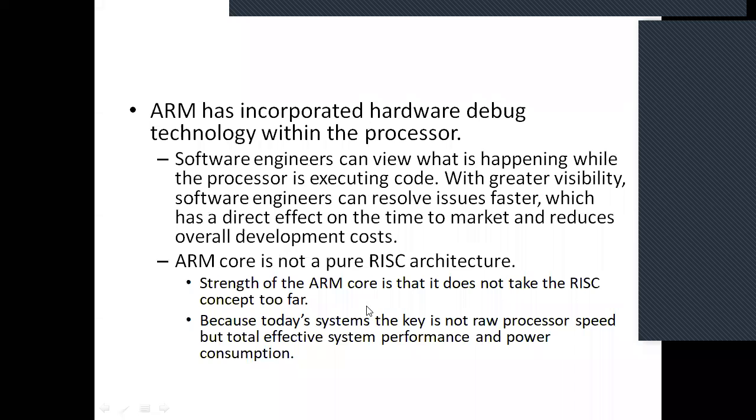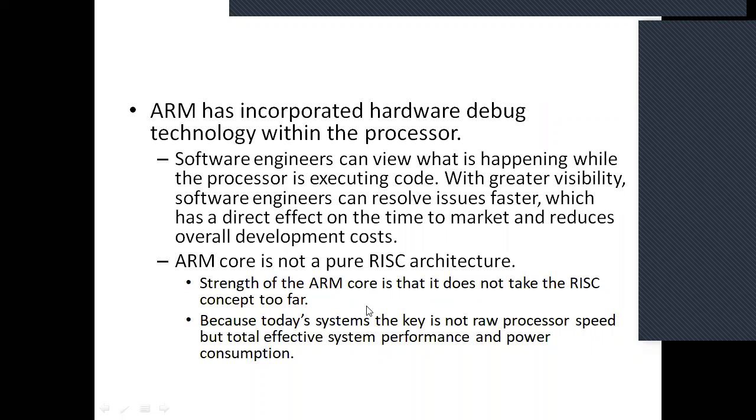Another important feature of an ARM is that ARM has incorporated hardware debug technology within the processor. Software engineers can view what is happening while the processor is executing code. So what do you mean by debugging? Debugging means identifying any faults in your system software.